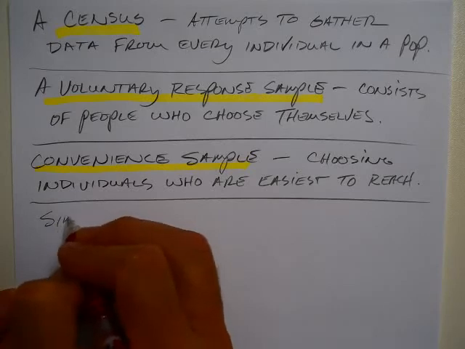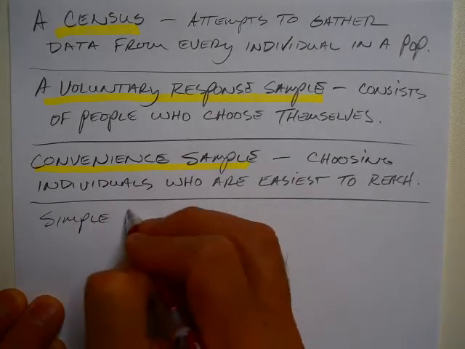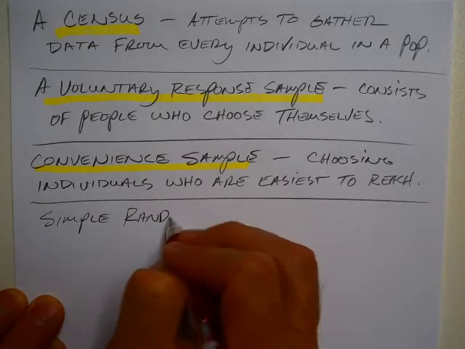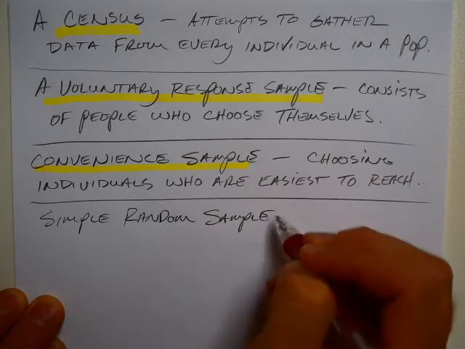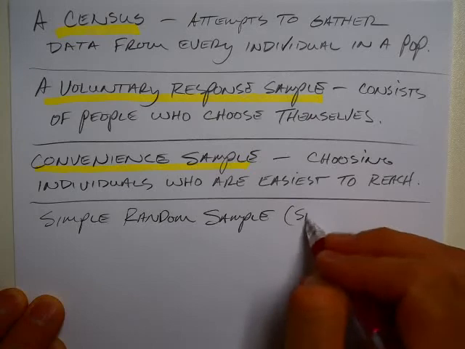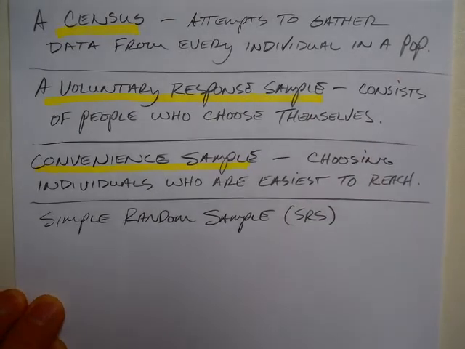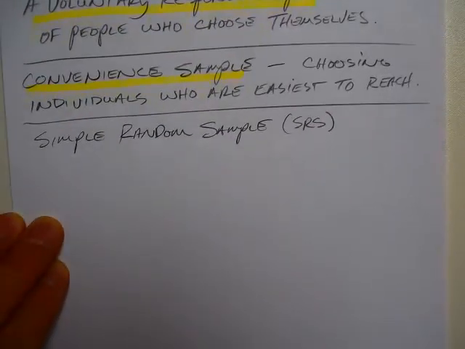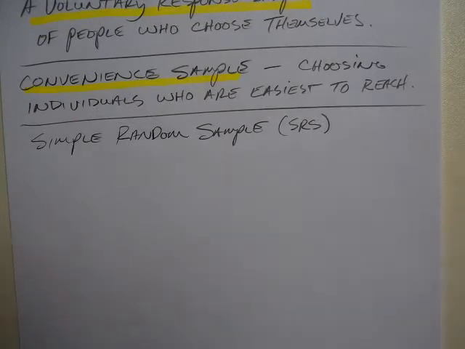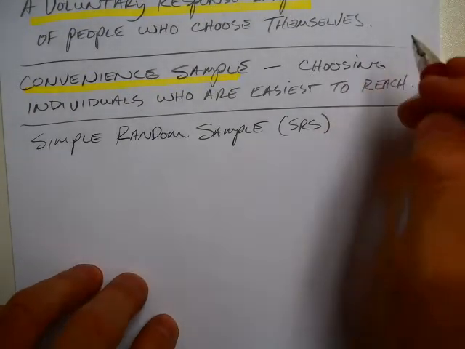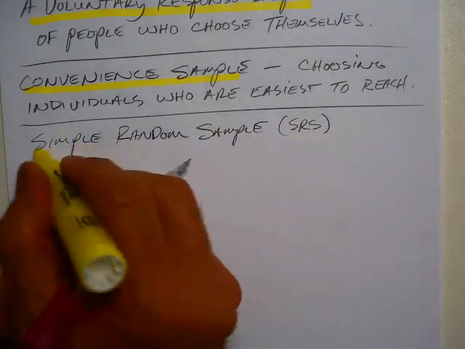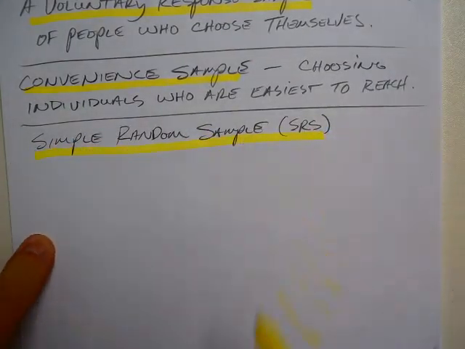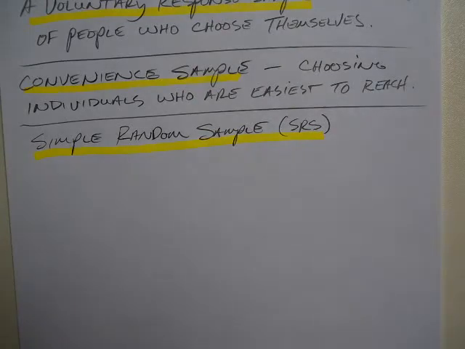Simple random sample. SRS. This one's going to be with us, well, they're all going to be with us, but this one's a biggie. There are other things in stats that could use SRS as an abbreviation, but don't use them. It's only for a simple random sample.